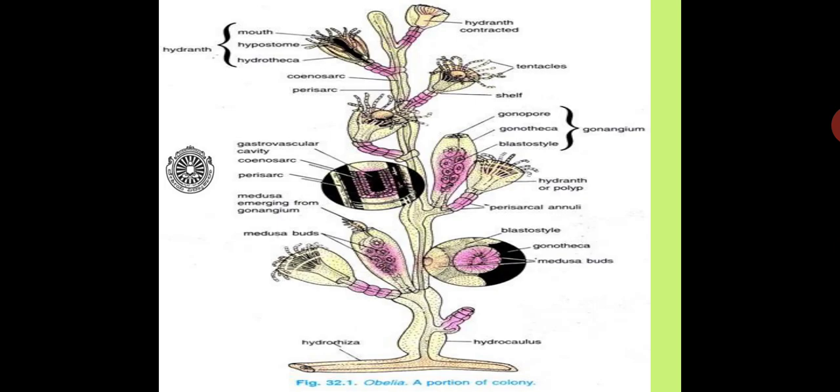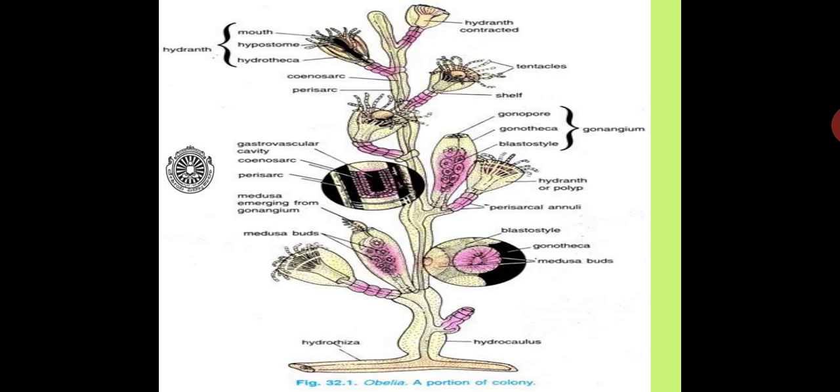In the case of the hydranth or gastrozooid, you will observe an elevated portion at the tip, known as the hypostome, consisting of the mouth, which is surrounded by a number of tentacles. The hydranth has tentacles but the gonozooid does not, because they are not required for the gonozooid as it is involved in reproduction.